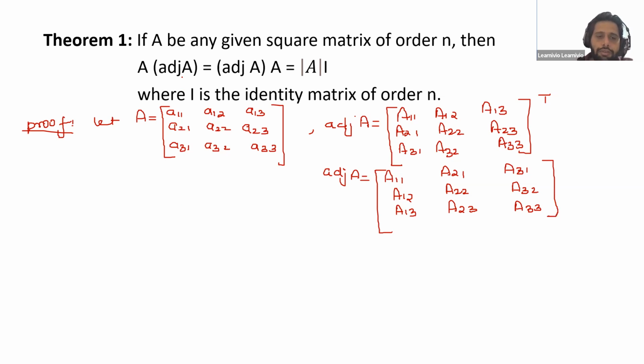Now, what's the theorem? If you multiply the matrix A with the adjoint of A, then this will be equal to what?